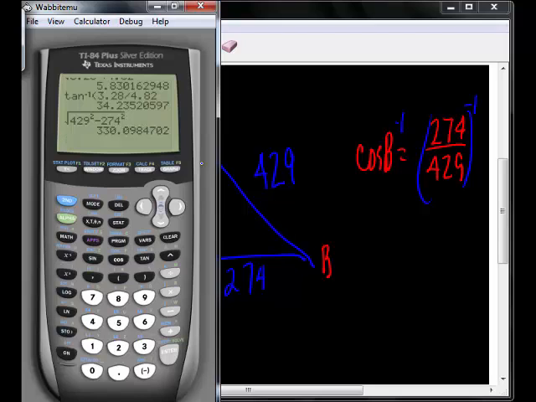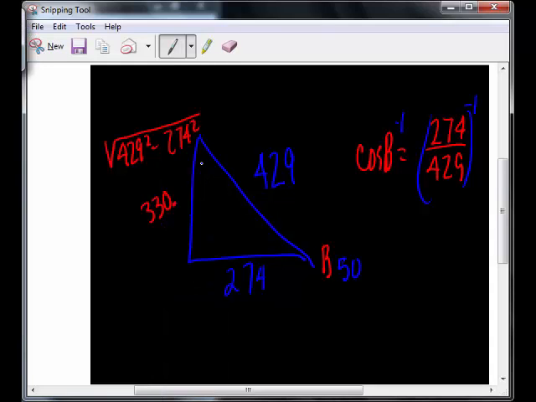So second function cosine 274 divided by 429 is 50.3, which makes this angle 39.7.